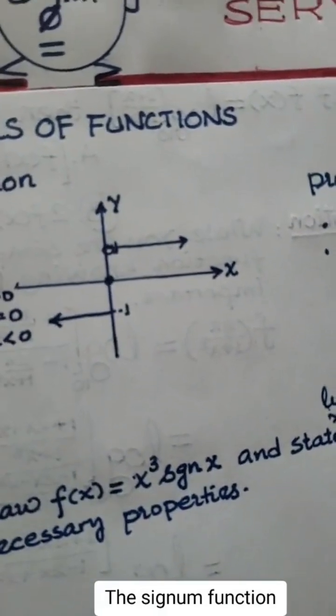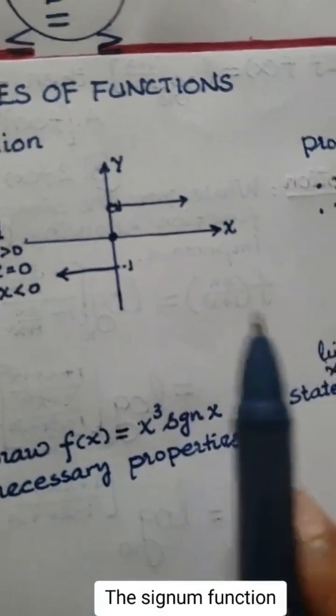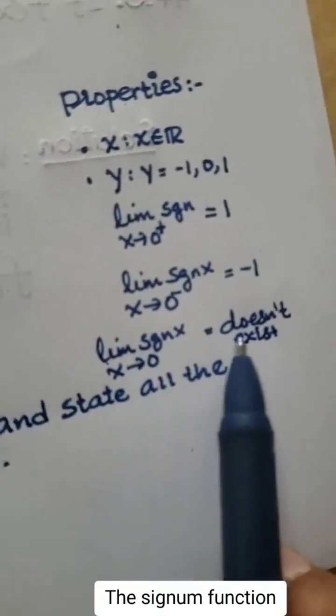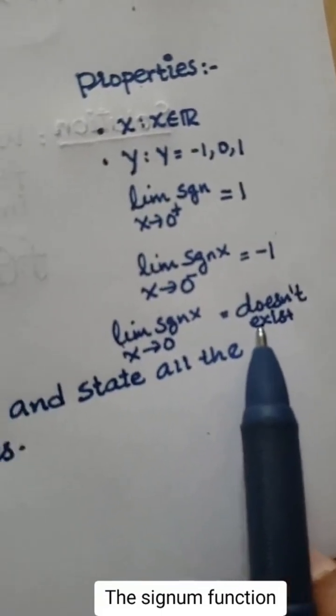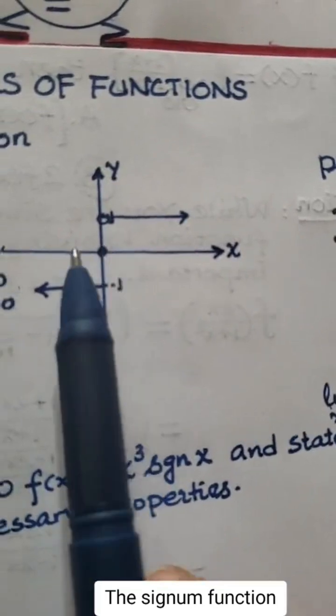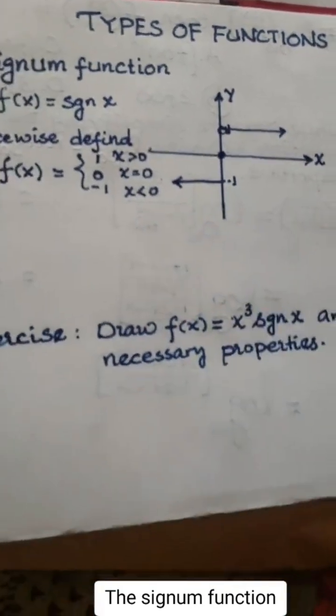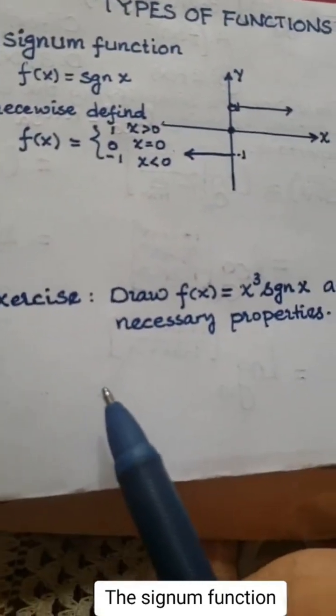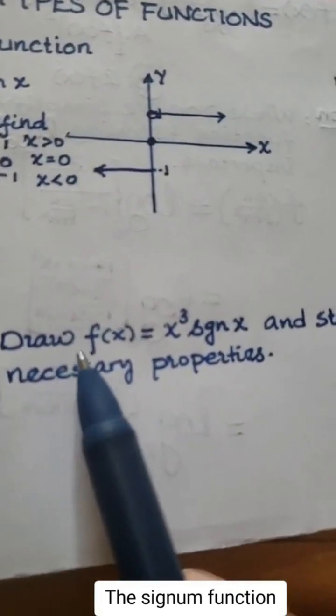Now this confirms that this function is discontinuous at x equals 0. I said discontinuous at x equals 0, which means, in other words, it's continuous for the set of all real numbers with the exception of x equals 0.